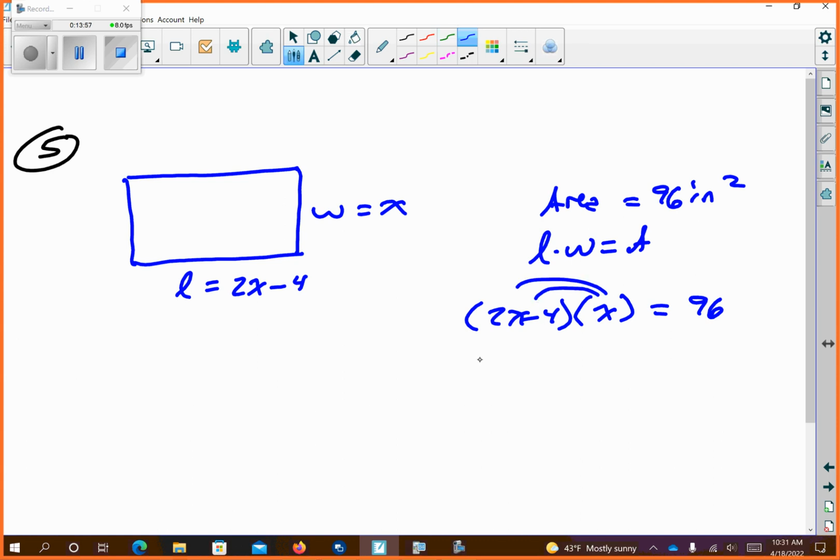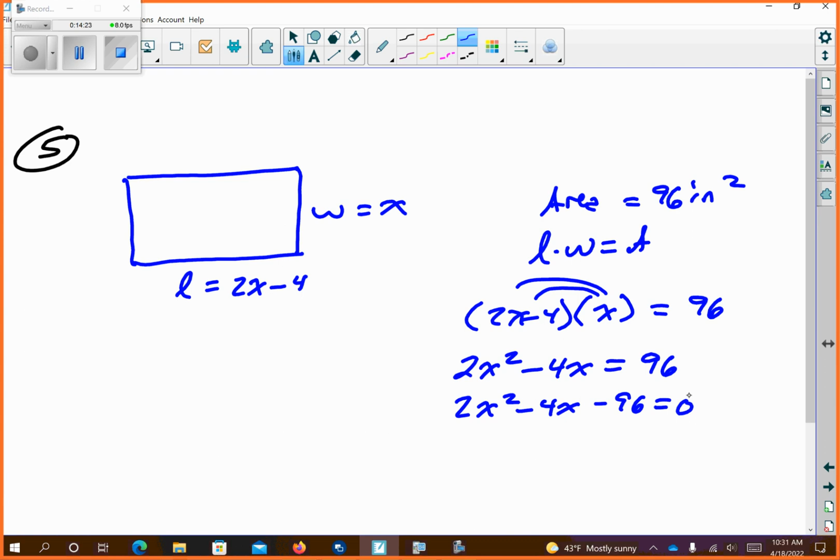So if we distribute that over, I'm going to get 2x squared minus 4x equals 96. Let's move the 96 over. Now, we could still do this the quicker way. The quicker way can take place if the x squared term has a value of 1.